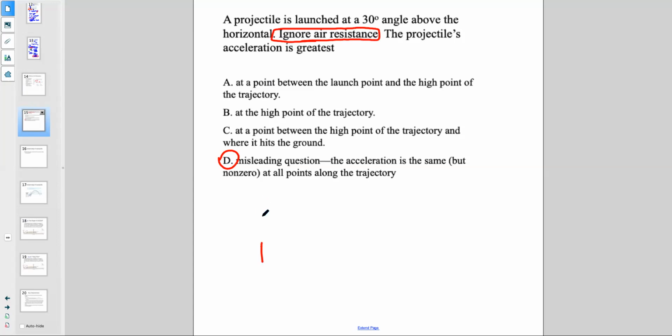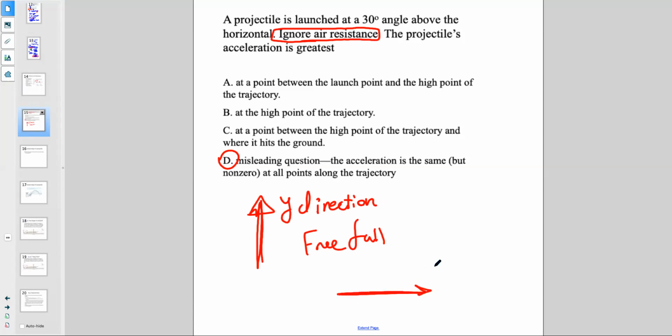In the y direction, we always have free fall. But in the x direction, we have velocity being constant.